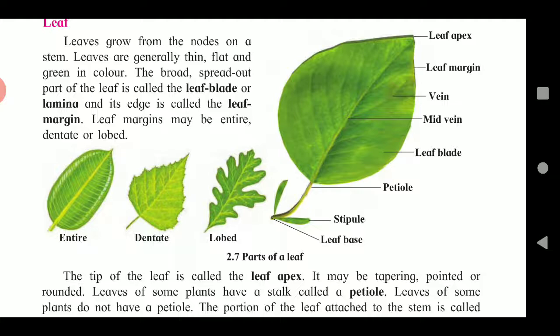A simple leaf is a single, undivided leaf blade with a single mid rib. In a compound leaf, the leaf blade is divided into many small leaflets.